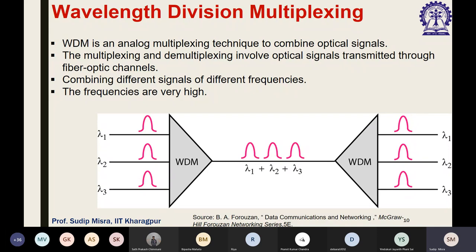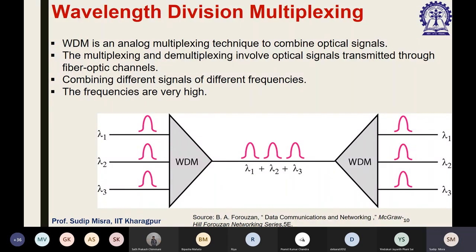So there are different variations and different types of consideration, but as you rightly said, these are inversely related. So you can think of combining these different signals of different frequencies, where the frequencies are going to be very high, right?